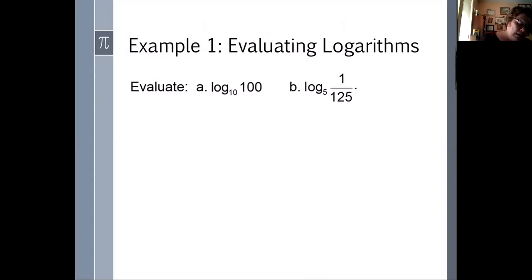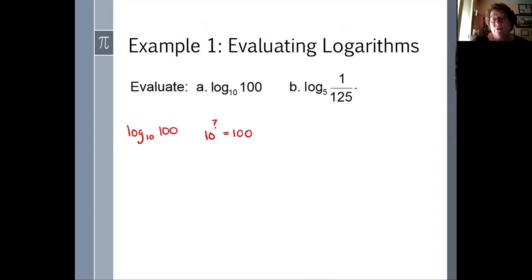So the log base 10 of 100 is equivalent to 10 to some power is equal to 100. The logarithm is equal to the exponent you raise that base to, so our base is 10, we're raising it to some exponent, and we're going to get what we're taking the logarithm of, which is 100.